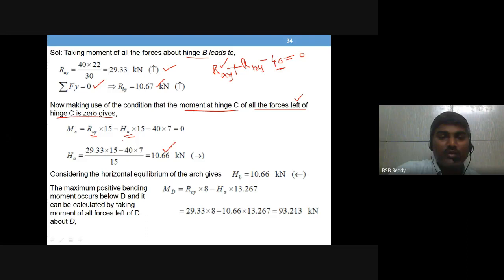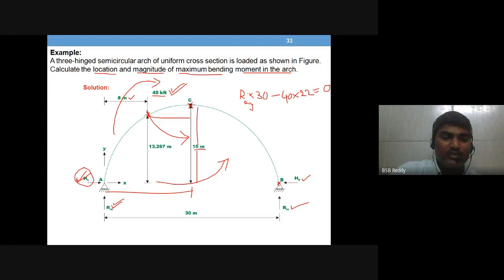That means 10.66 or 10.67 kilonewton is the horizontal reaction at A. And again from sigma Fx equal to 0, we already know that HA is equal to HB, only the direction is opposite and the value is the same. So as you can see, HA is towards right, HB is towards left.